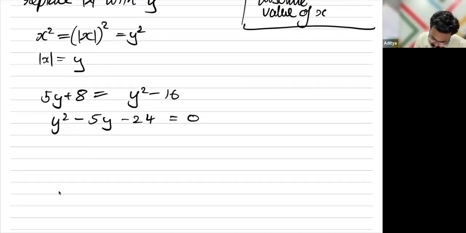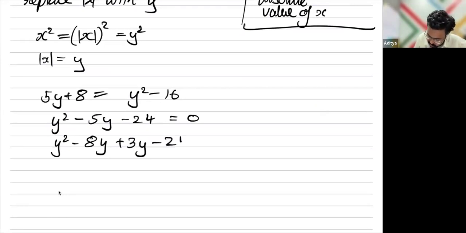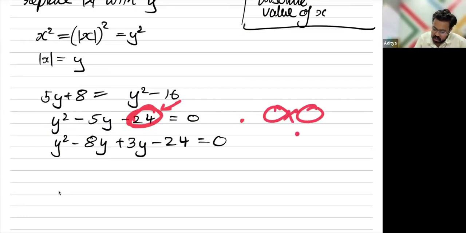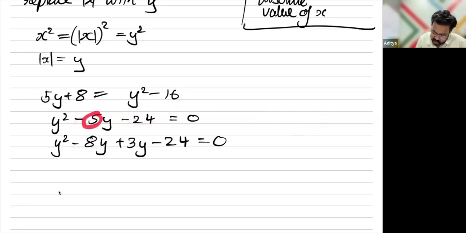When you factorize this by middle term splitting, I'll mention that also, y square minus 8y plus 3y minus 24 equal to 0. What exactly is middle term splitting? You take your constant term, try to break it into two factors that together will add up to give either 5 or minus 5. And then you can split your middle term into those two parts.